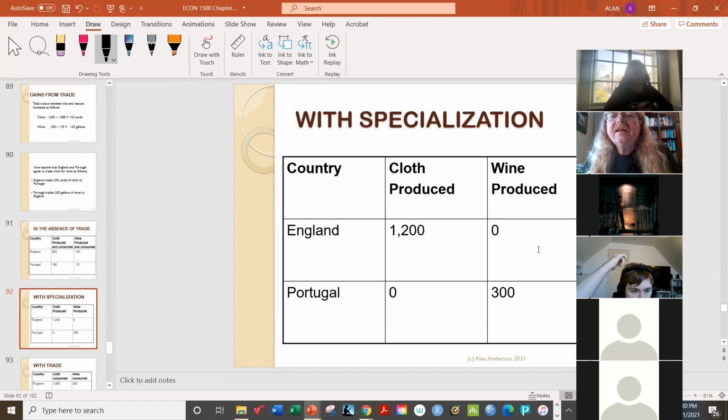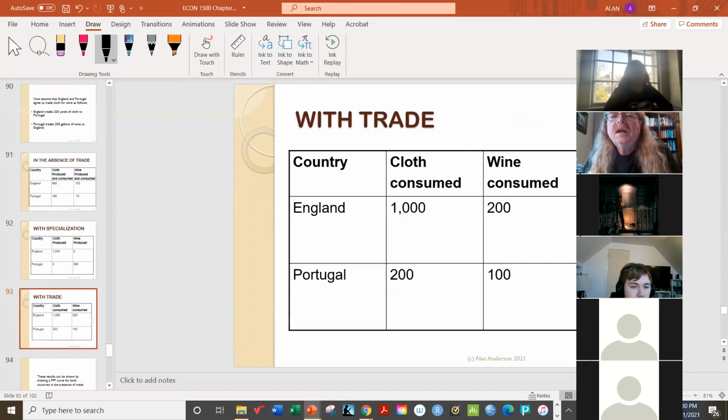But now trade takes place. The English will trade 200 of these cloths to Portugal in exchange for 200 wines. So all of a sudden, England has 1,000 yards of cloth and 100 gallons of wine. Without trade before, remember, it was 900 and 100. And in Portugal, they have 200 yards of cloth with 100 gallons of wine.